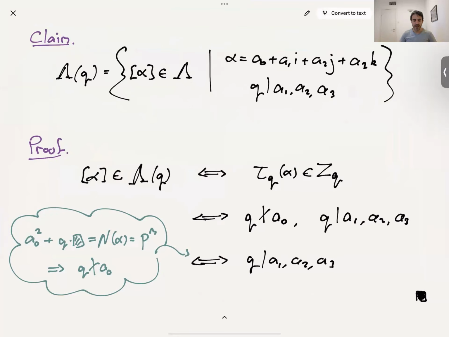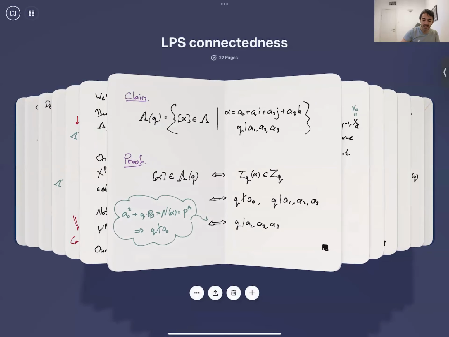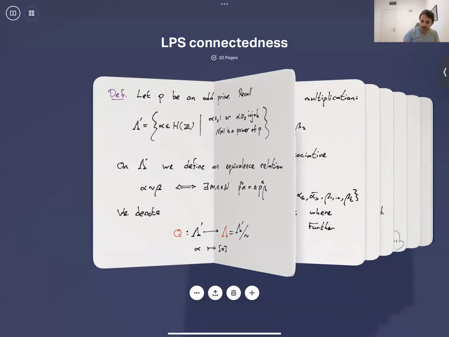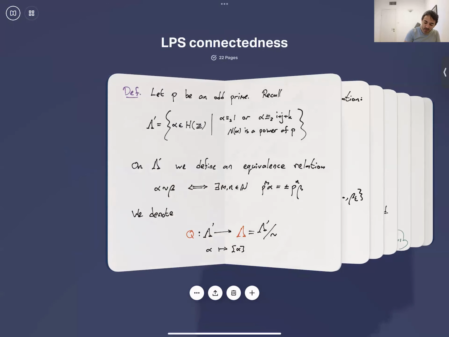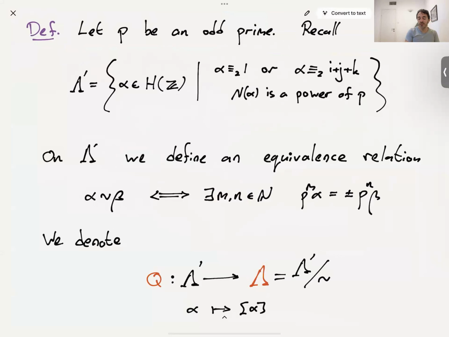And so the first order of business is to understand the vertex sets of Y, which is in lambda over lambda Q, so we need to understand lambda Q. And that's easy, actually, if you remember what lambda is even. So lambda, I actually forgot what lambda is for a second. So lambda prime is all of these quaternions whose norm is a power of P.